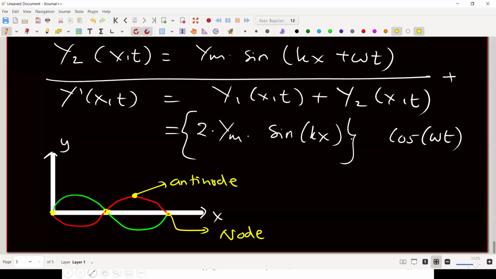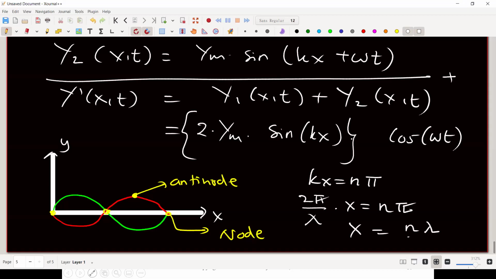So the position of nodes: we know that the spacing of nodes is half of a wavelength. kx is n pi, and k is 2 pi per lambda, so x is n lambda divided by 2.